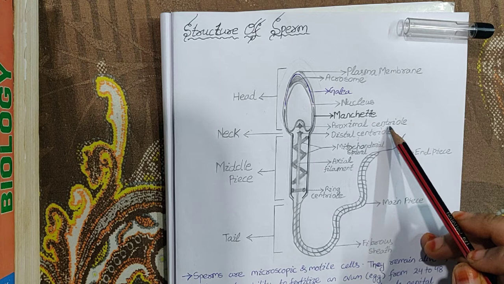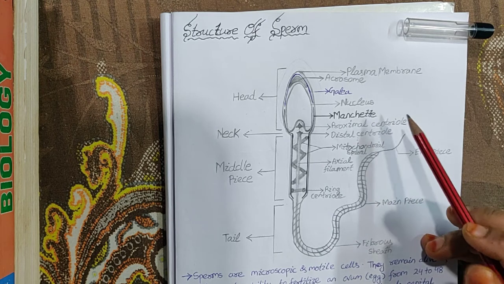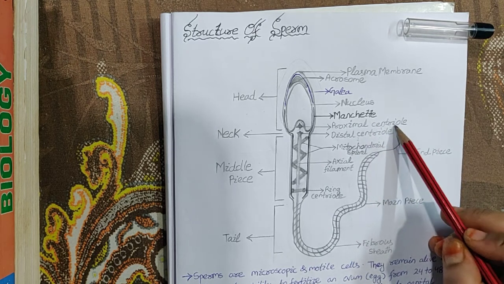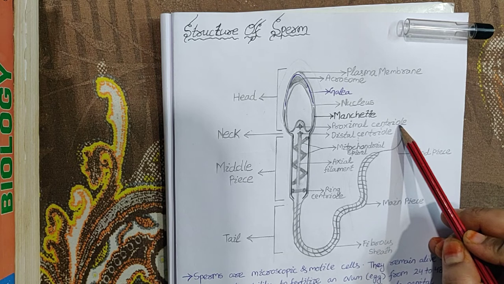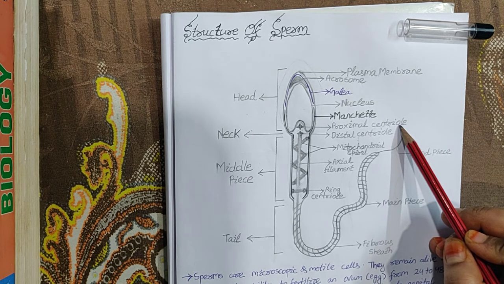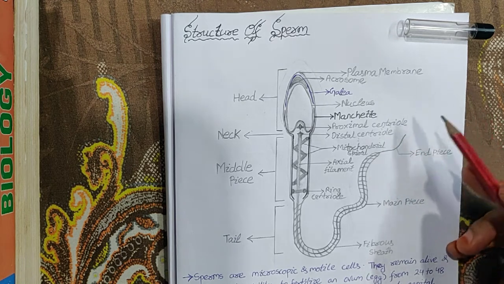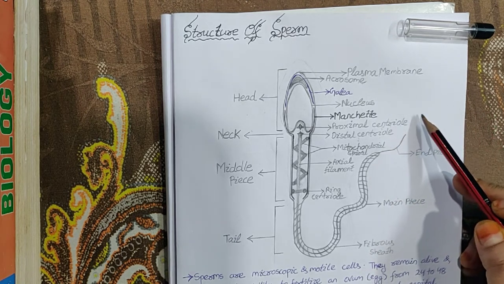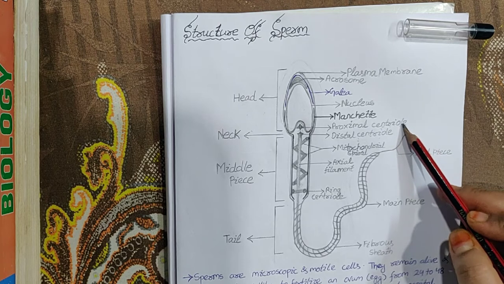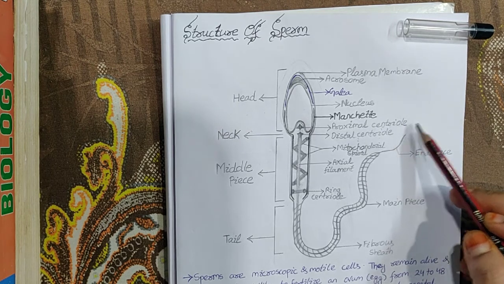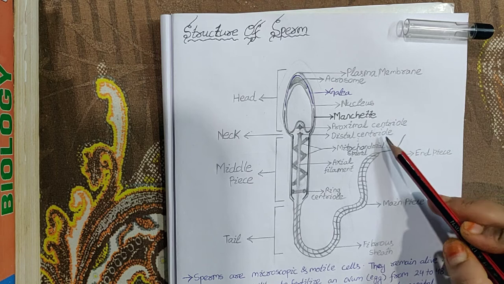What is the work of the proximal centriole? The proximal centriole helps in spindle formation during the first zygotic division. That will come in fertilization. When the first zygotic division happens, the proximal centriole helps in spindle fiber formation. What is the work of the distal centriole?